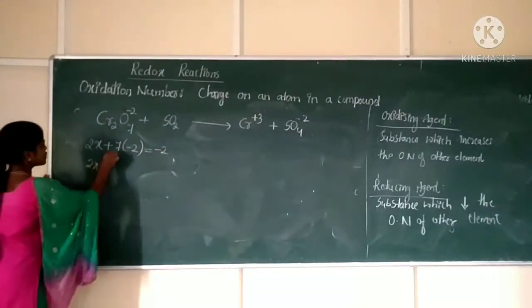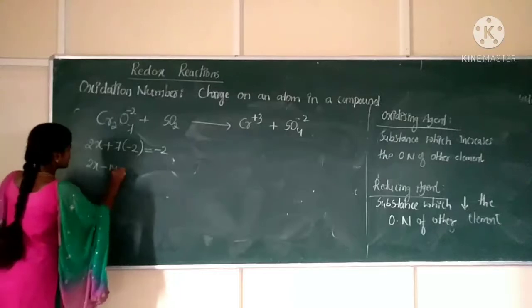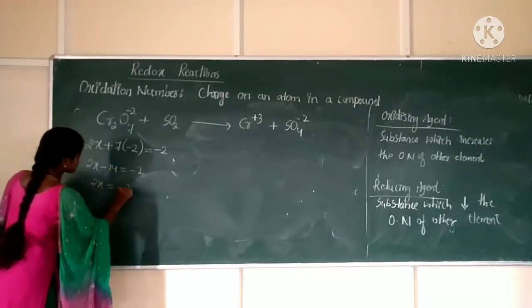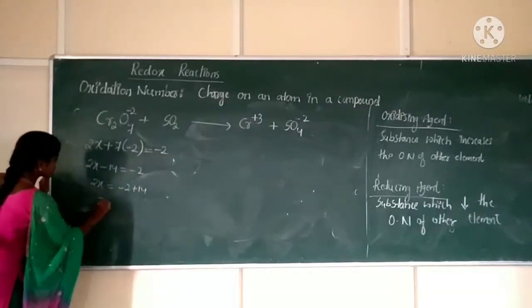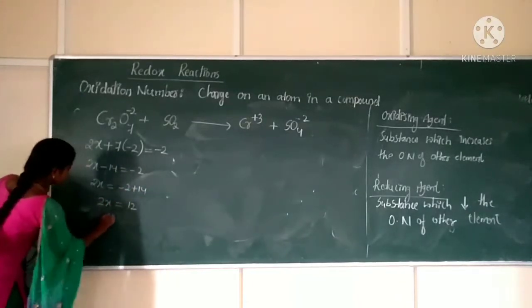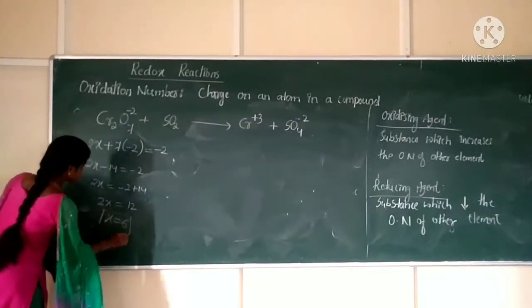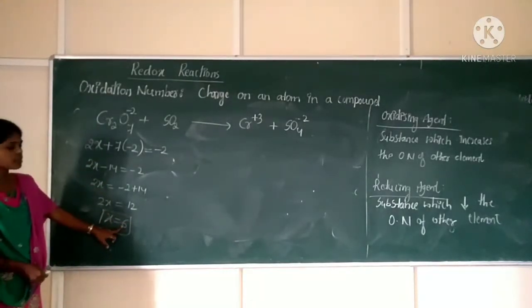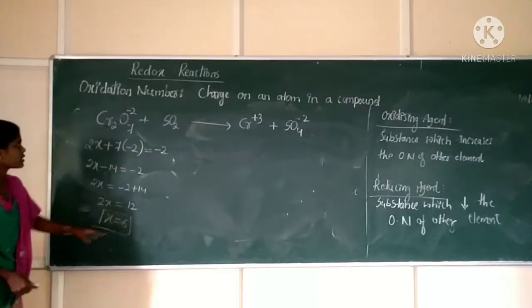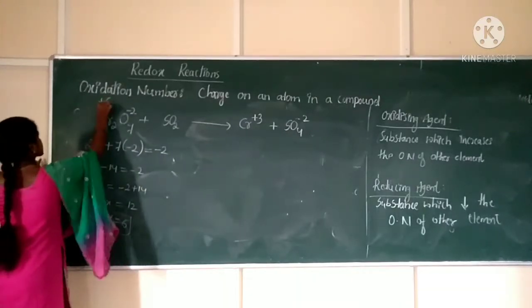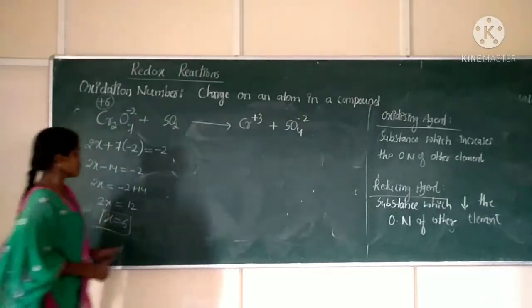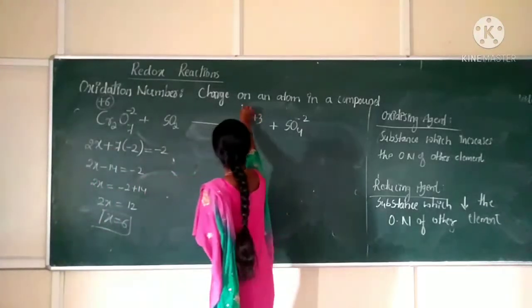So 2x plus 7 times minus 2, that is minus 14, equals minus 2. 2x equals minus 2 plus 14. 2x equals 12. x equals 6. So the oxidation number of chromium here is plus 6. Now plus 6 changes into plus 3.